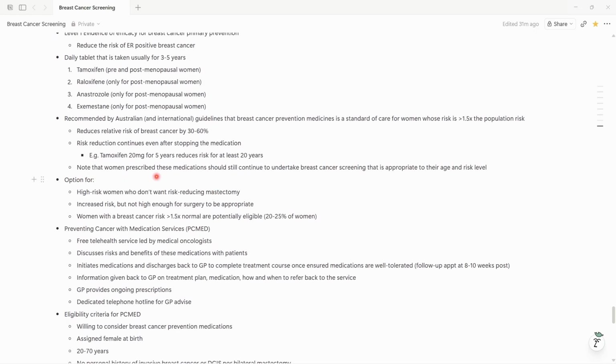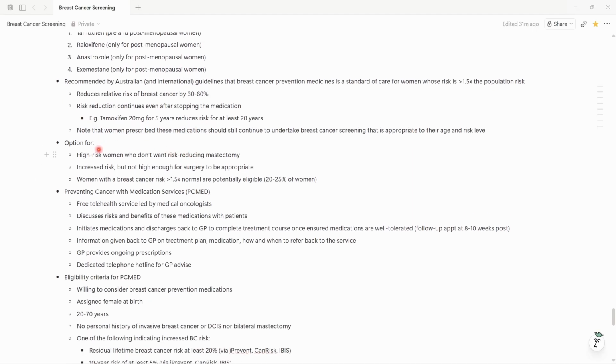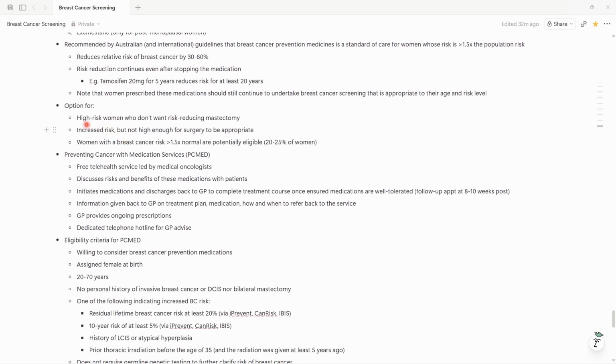And note that women prescribed these medications should still continue to undertake breast cancer screening that is appropriate to their age and risk level. So again, this breast cancer risk-reducing medication is an option for high-risk women who don't want risk-reducing mastectomy, for women who are at increased risk but not high enough of a risk to be considered appropriate for surgery, or women with a breast cancer risk greater than 1.5 times the normal, which is the moderate risk category.